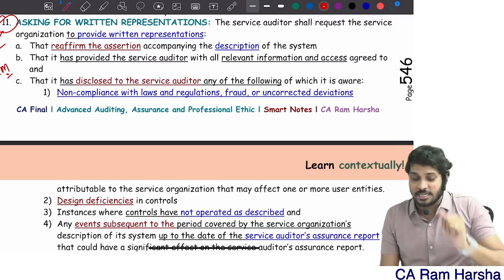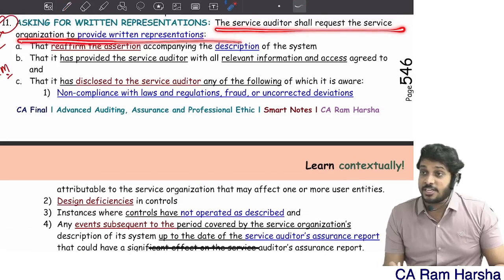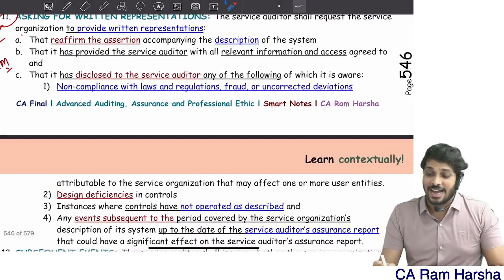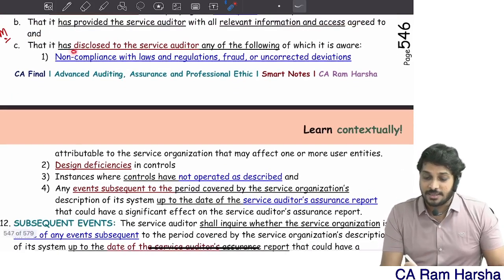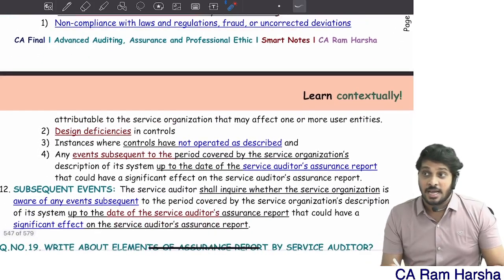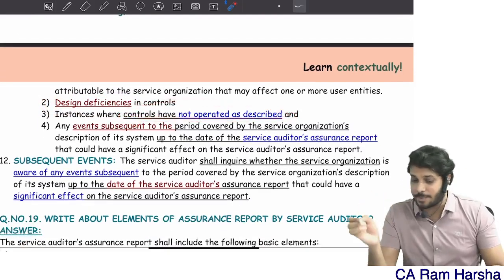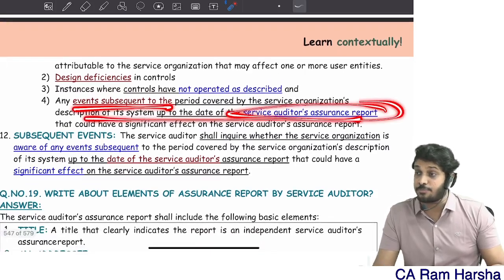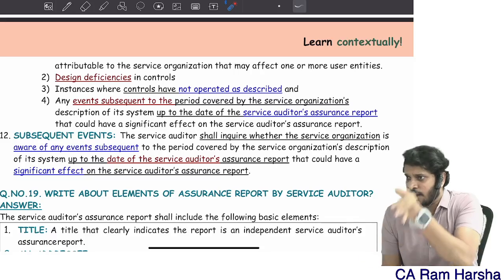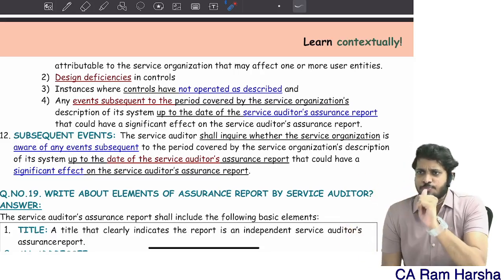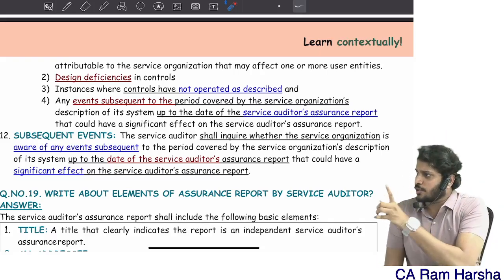What points will the representation letter contain? The service auditor may request the service organization to provide written representation regarding the description of the system, that they have provided all the information to the auditor, disclosed all non-compliances, deficiencies, controls that are not operated effectively, and any subsequent events up to the date of the assurance report. Whose responsibility is it to disclose all this? The service organization's management is responsible to disclose to the service auditor.